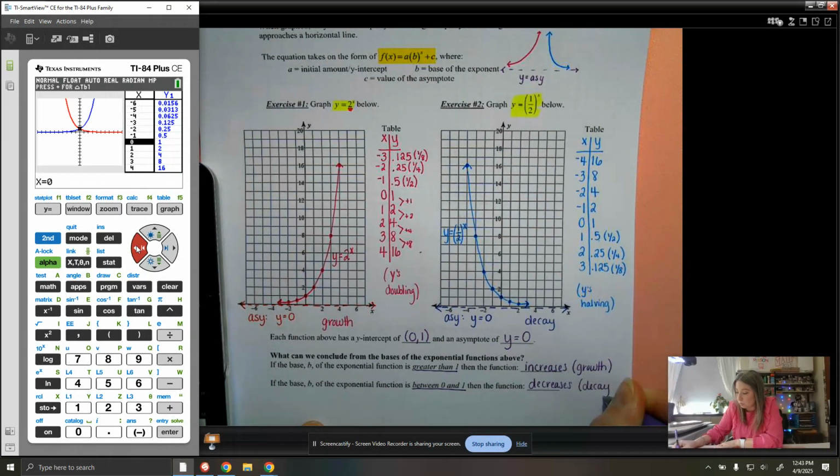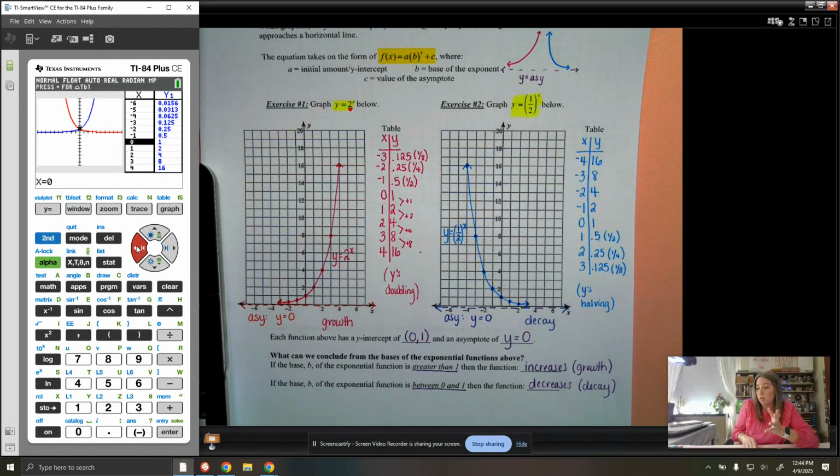Decay, decline, depreciates, decreases, those are all the getting smaller words. Okay. That is some of the very basic pieces of our exponential functions.